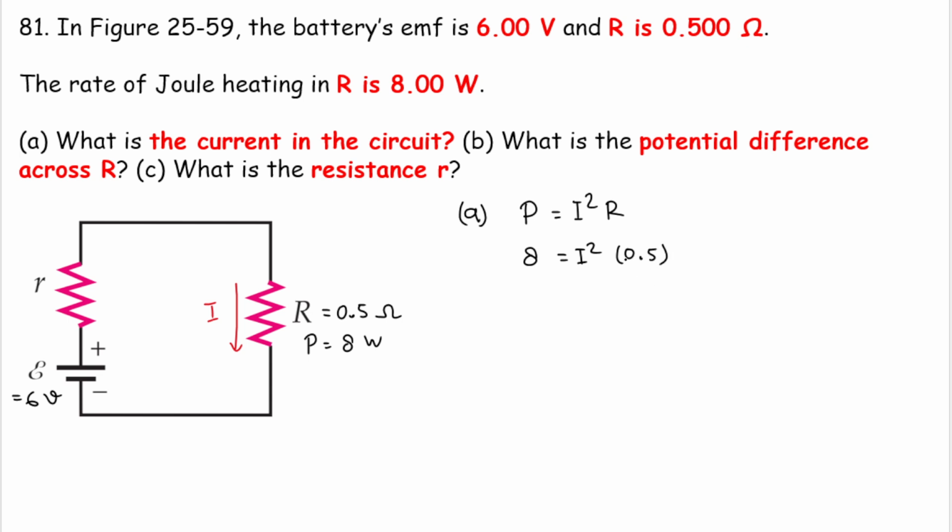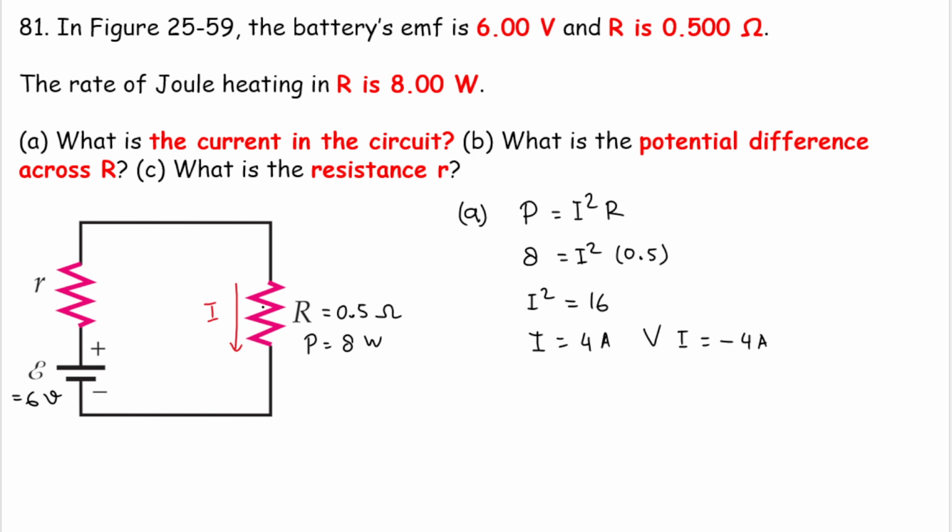So I squared is equal to 8 divided by 0.5, that is 16. And so I is equal to either 4 ampere or minus 4 ampere, depending on the direction of the current.